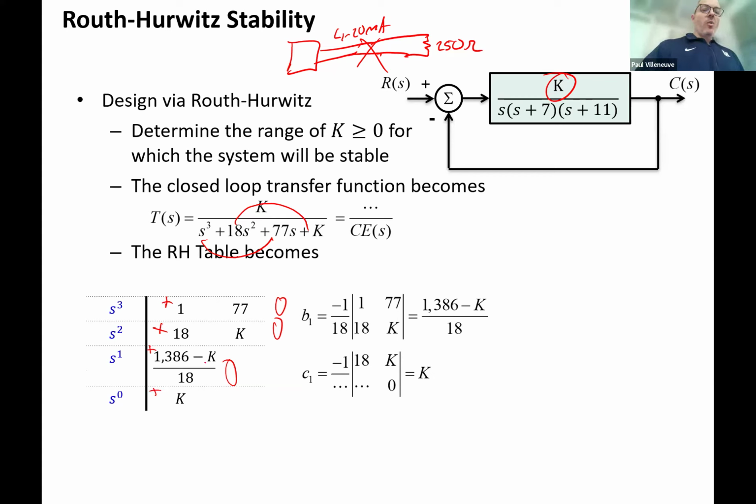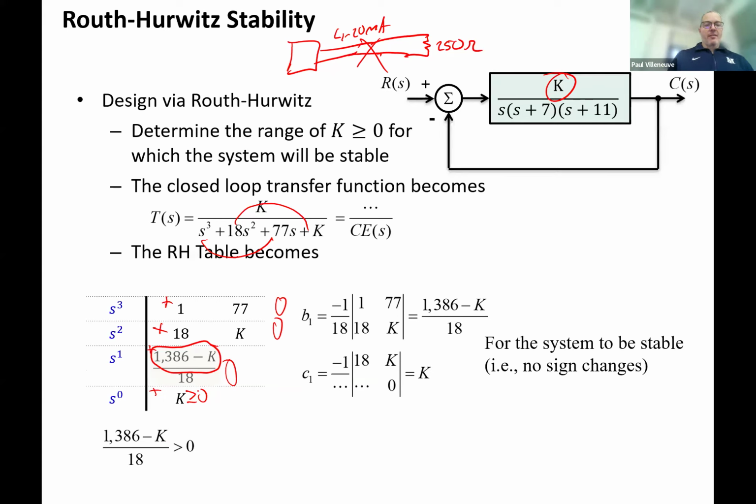I know the only thing that makes this number in the row S1 go negative is if the numerator is negative, and the only way this goes negative is if K is less than 0. So this one requires K greater than 0. This one, 1,386 minus K, divided by 18, has to be greater than 0.